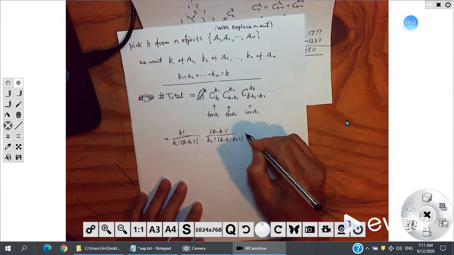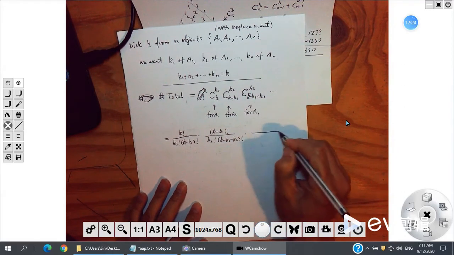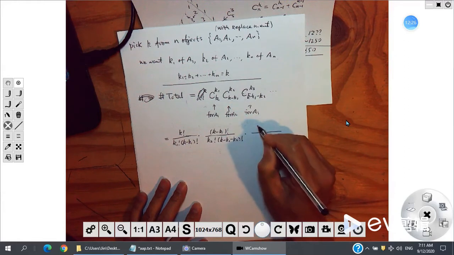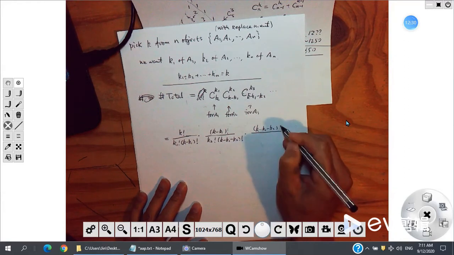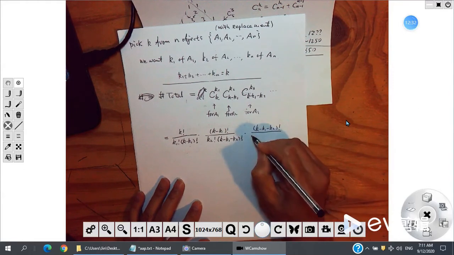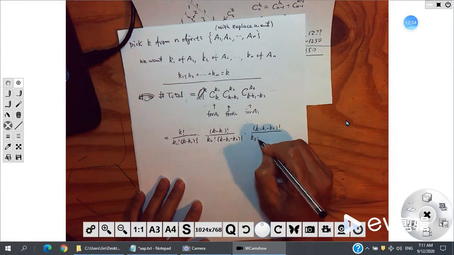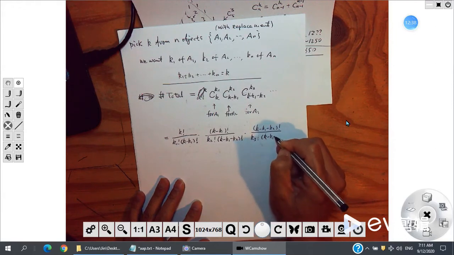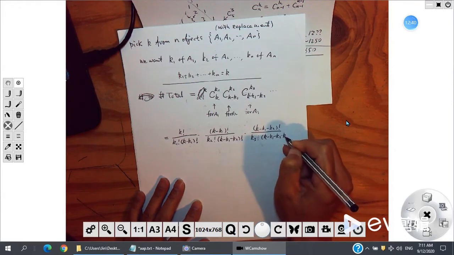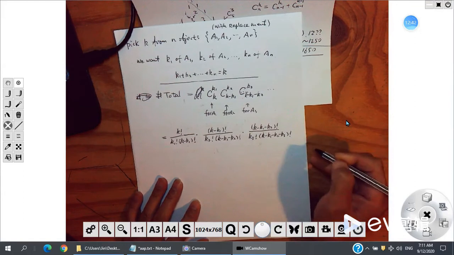And the third one is k minus k1 minus k2 factorial in the numerator, and the denominator is k3 factorial times k minus k1 minus k2 minus k3 factorial, and so on.